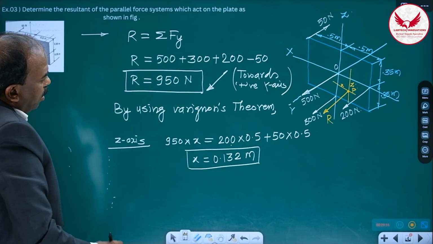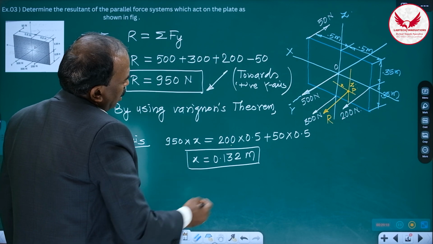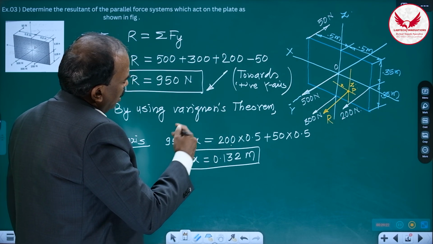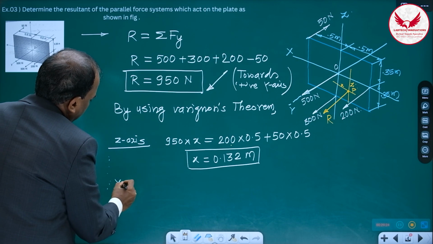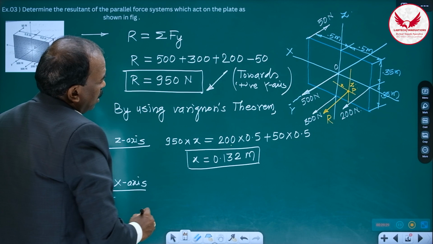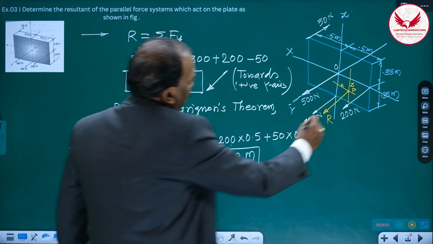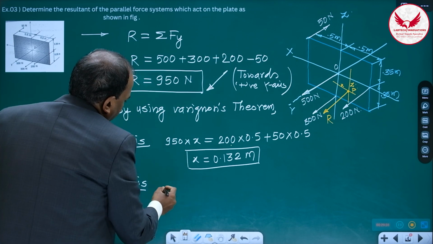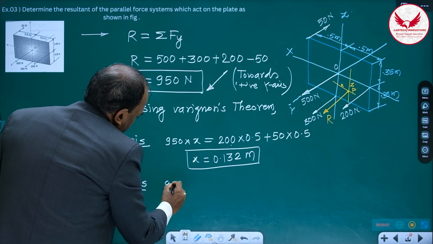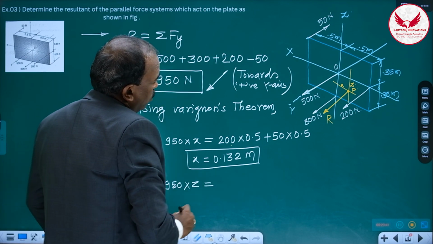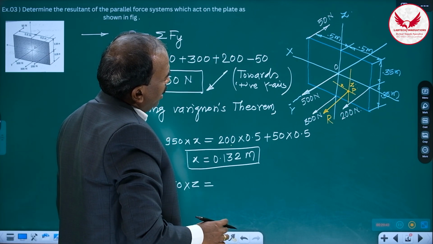And how to get z? So for that we'll have to use this Varignon's theorem about the x-axis. About x-axis, moment of resultant. Again about x-axis, it is going to be clockwise. So it will be 950 into Z. It is equal to moment of 500, 200, it is 0.